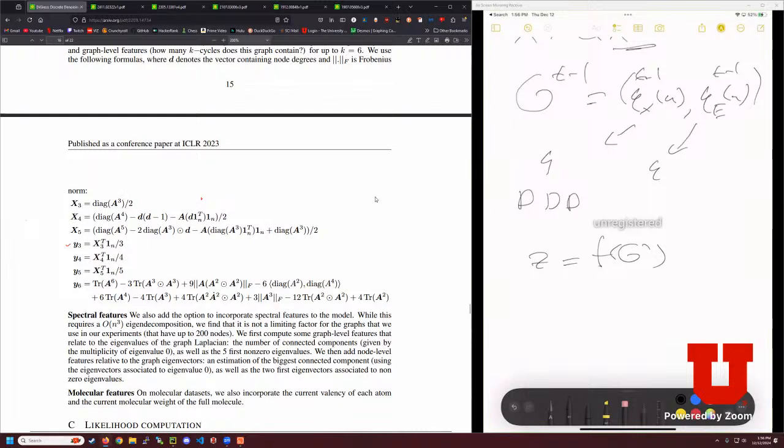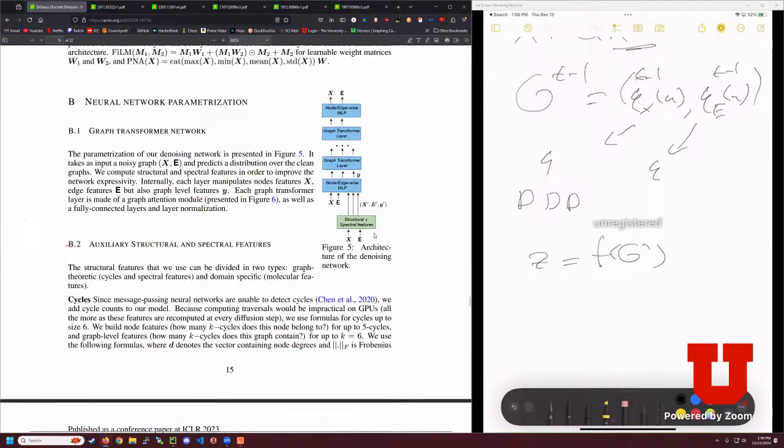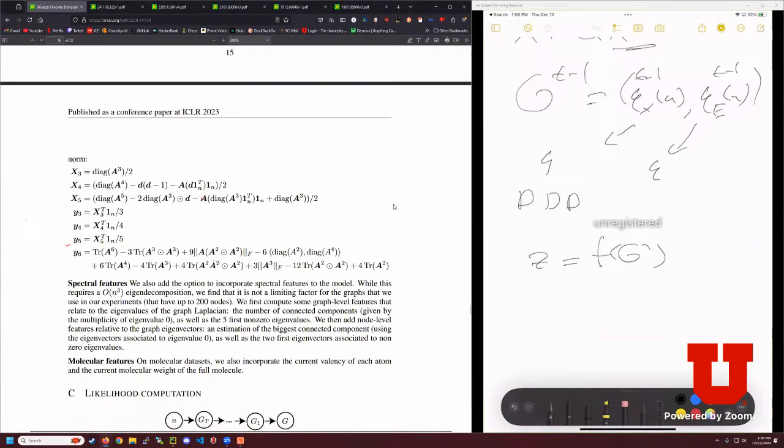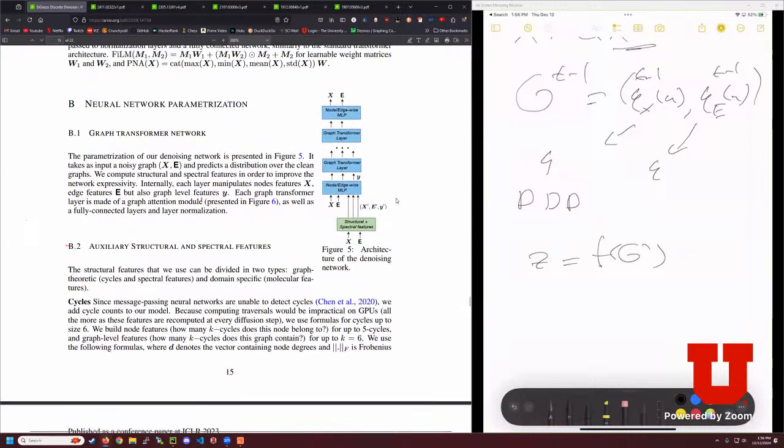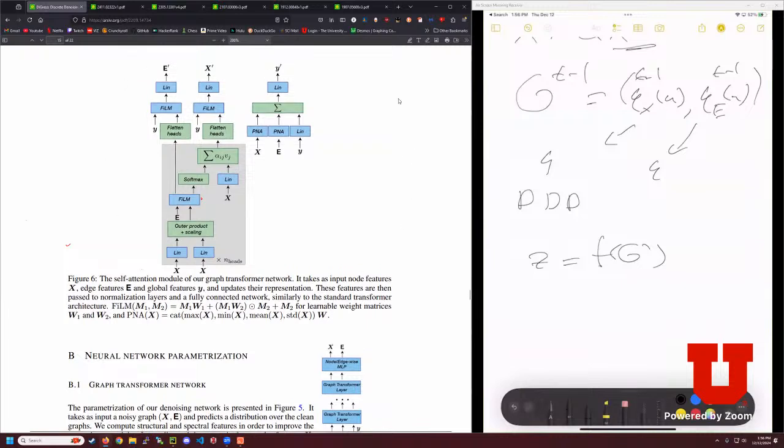Do they put these spectral features on every node? I don't know. They might just input it in here, but I am unsure of how they do it. And then they just do the graph transformer, right? Yeah, so they have this graph transformer for how they do it.